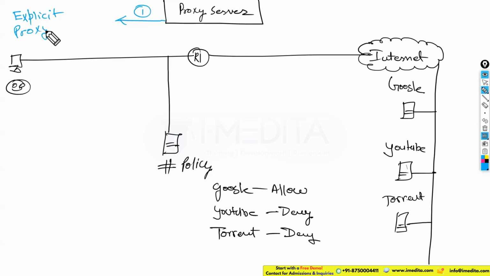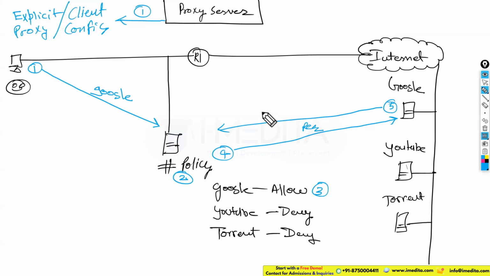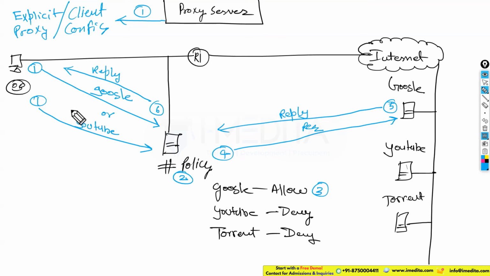In explicit proxy, we will do client configuration, where the client will send the request to the proxy. Proxy will check the policy: Google is allow. Then proxy will send the request to Google, Google will give the reply to proxy, and proxy will give the reply to the client. Now the client will say to the proxy, I want to communicate with YouTube.